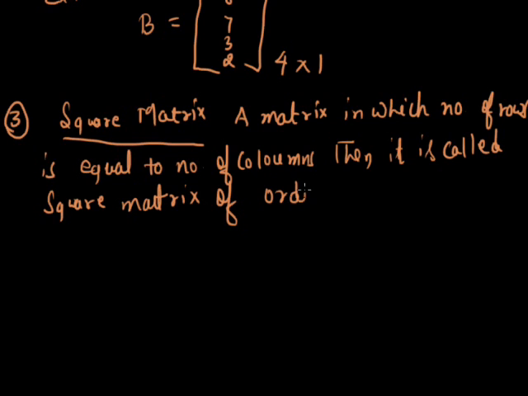So the definition for this matrix: a matrix in which number of rows is equal to number of columns, then it is called a square matrix of order n.